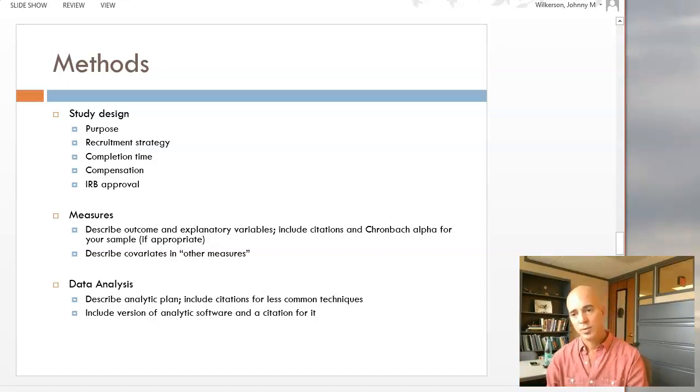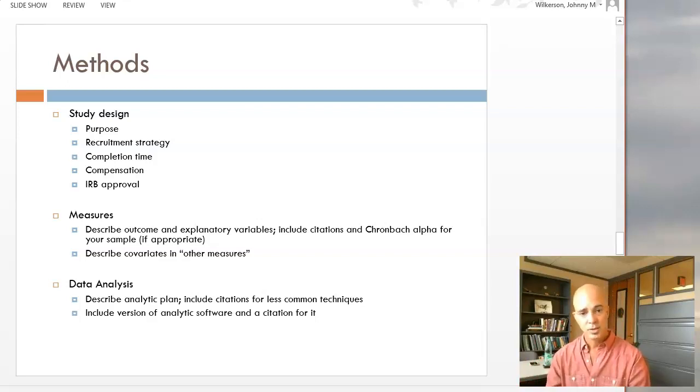So let's say that my outcome is condom use and my primary explanatory variable is self-efficacy. Then under measures, I would have a subheader that says condom use, and then I would talk about my measure of condom use. And then I might have my next measure, my explanatory variable of self-efficacy, and I would talk about my measure of self-efficacy, etc.